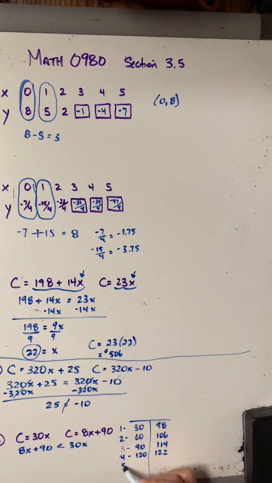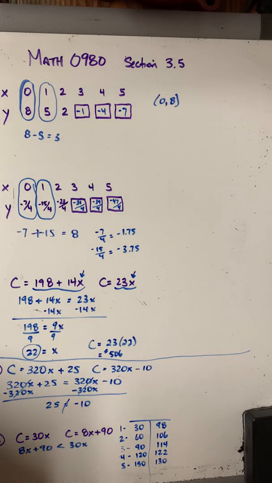And you could probably guess it. So for me, 5 days at 150 would make this side cheaper. Is that right? I think that's right. And you can do that by solving this inequality. We call it an inequality because there's not an equal sign. Okay, so give that a try and let me know if you have any questions.